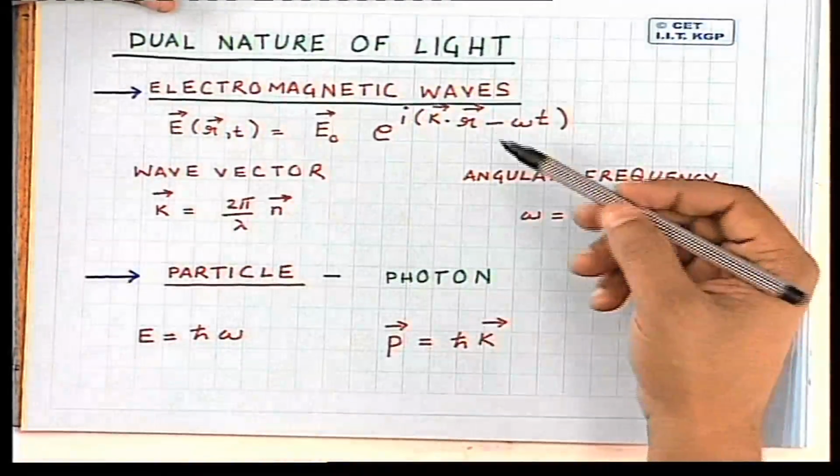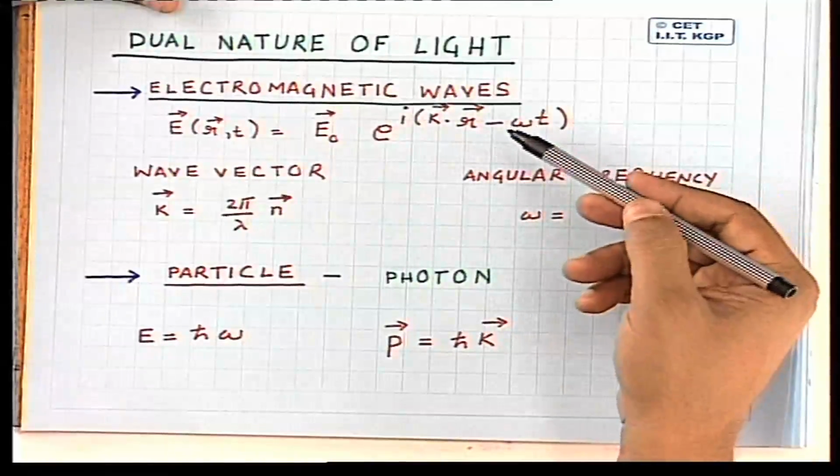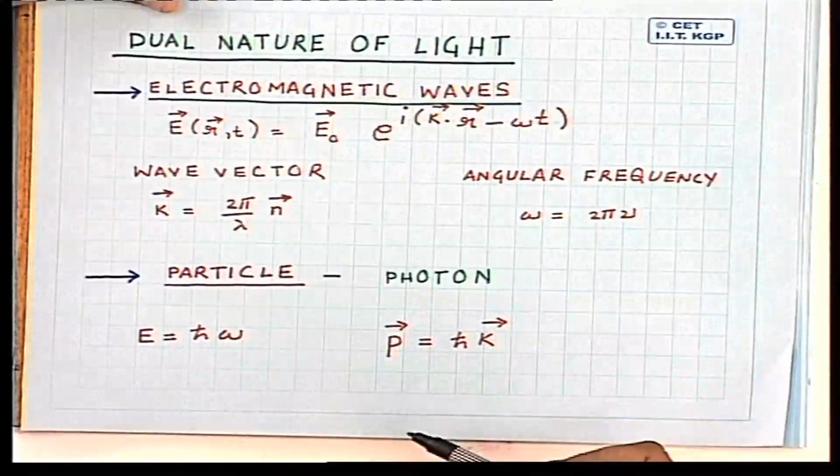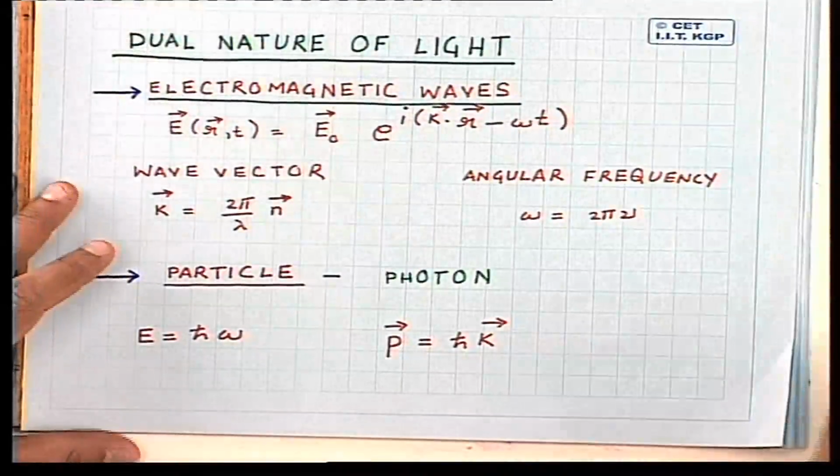So, we see that in order to explain different phenomena, one has to invoke two totally different properties for light, the electromagnetic wave property or a particle property.